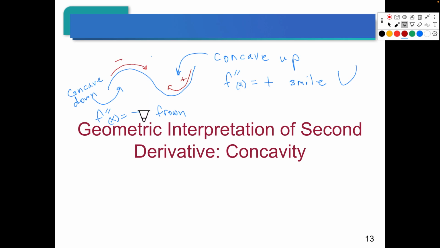What happens when the second derivative that's negative comes in contact with the second derivative that's positive? How can we change from being negative to positive? It's a philosophical question too, but mathematically, what happens when we go from negative to positive? You have to pass through zero. No other way to do it, unless there's some loophole.